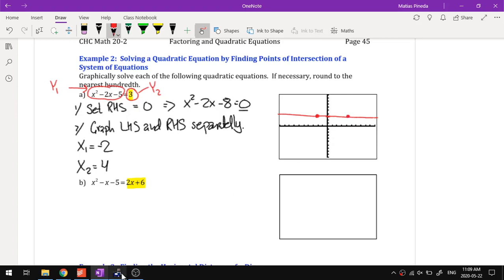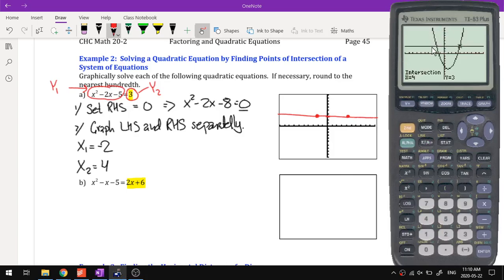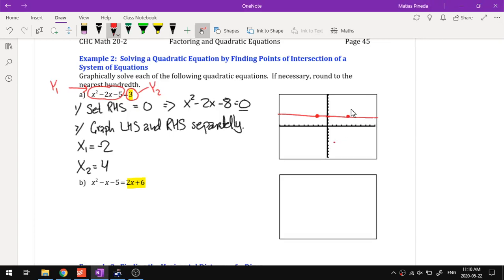If I look at the graph again, I see that it's a minimum, it goes down. My minimum point is going to be somewhere over here, and then I can draw the quadratic function like that.